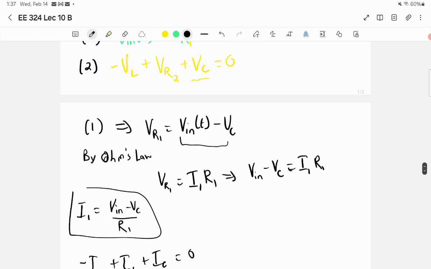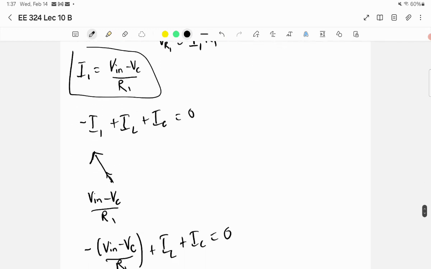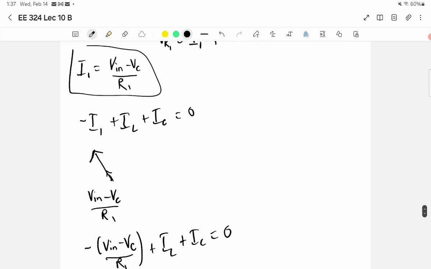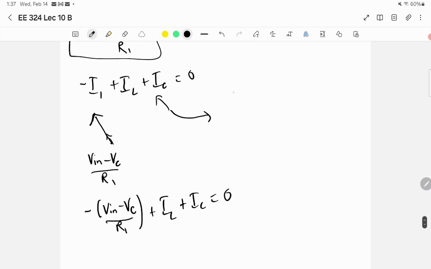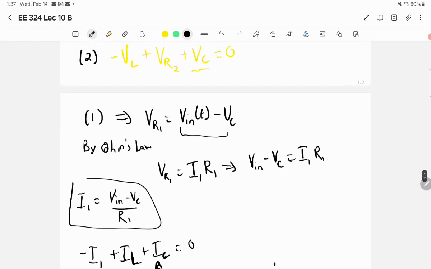Now I have a current that's related to the capacitor, but we know that this is going to be the same thing. Recall that this is the capacitor, this is L, and this is C. So IC is going to be equal to C times V dot, but in this case, that's just Vc.